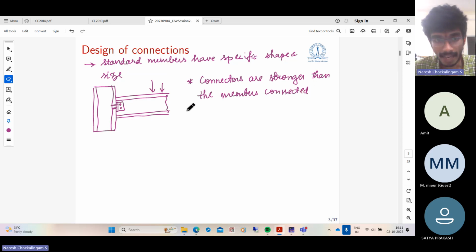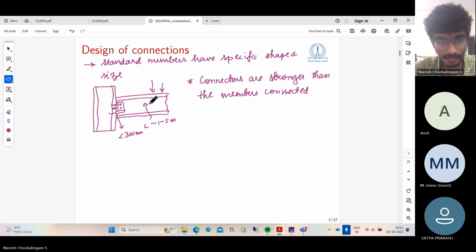Because the connection is very small in size. The typical length of a beam is of the order of 1 to 5 meters or even greater. It's at least a meter, but the connection spans a few mm, of the order of say less than 300 mm.